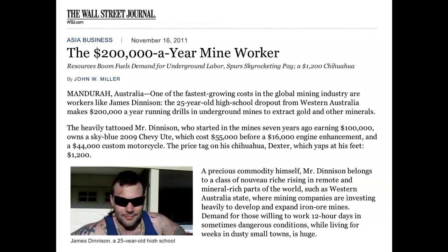He started in the mine 7 years ago, earning $100,000, owns a sky blue Chevy Ute. The price on his dog is $1,200. If you get a $200,000 job when you graduate, congratulations, you'll be doing very well. But he dropped out of school. Surely this is an example of an inefficient market.